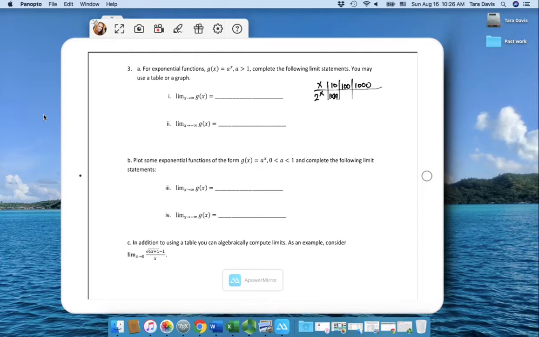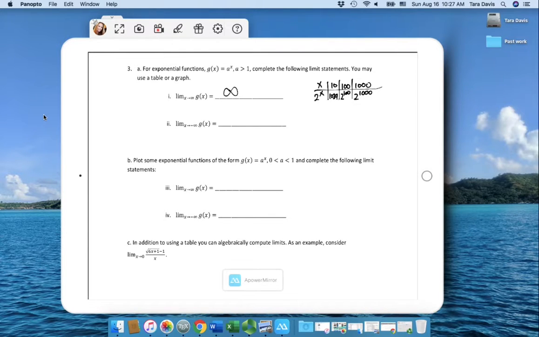And then 2 to the 100 is already a huge number that my calculator can't even plug out. 2 to the 1,000, I'm getting an overflow, but we know that 2 to the 1,000 power is quite a large number. So it seems like as x gets bigger and bigger, y gets bigger and bigger.